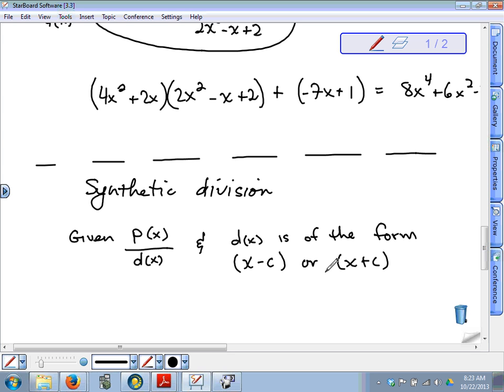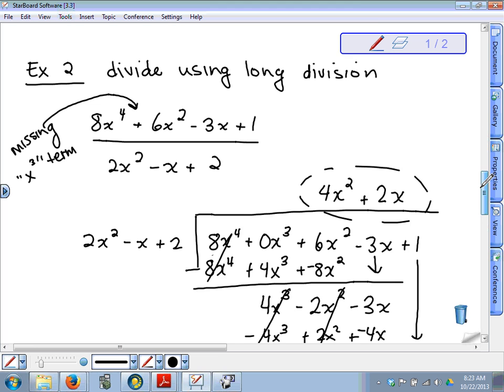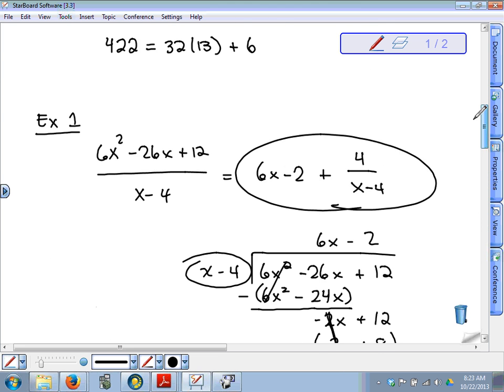It's much faster than long division, usually more accurate. Problem is, it only works in this case. You can only do synthetic division when your denominator looks like x minus c or x plus c, where c is just a number. So let's go back to the two examples that we just looked at. Example 1.